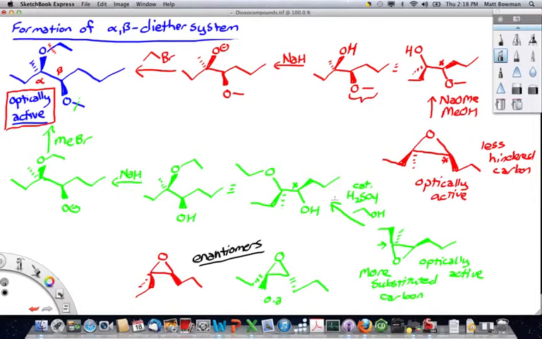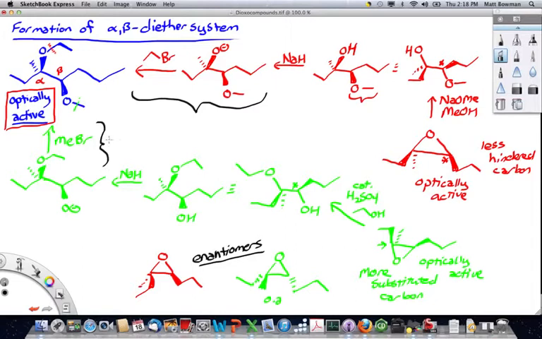The two routes are very comparable to each other. If you want to get technical, personally I prefer the green route to the red route, mainly because this step right here has an alkoxide that's very hindered trying to do an SN2 reaction, as opposed to the corresponding step right here, the final SN2 here.